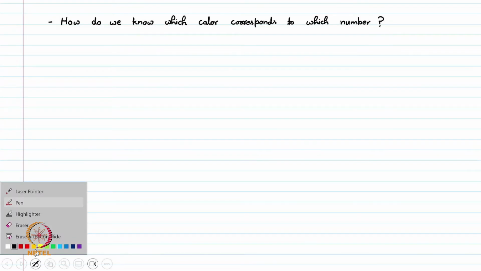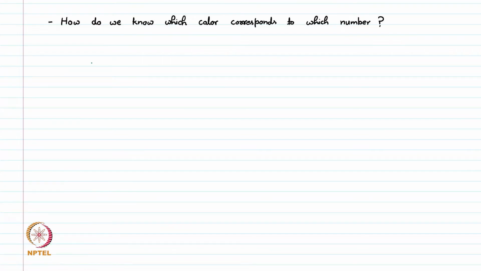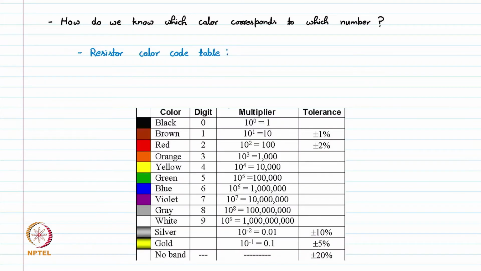For this we have the resistance color code table, which is shown something like this.